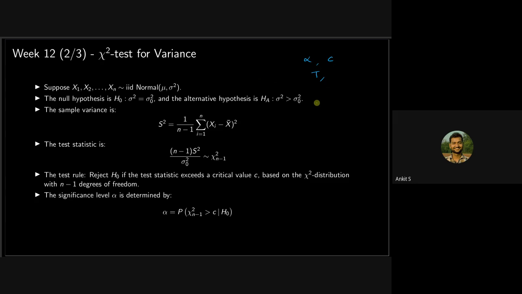Suppose you have the null at some mu equals mu naught, and you have the alternative as mu greater than mu naught. Then when you are doing the test, you will reject the null if t is greater than some value c, because whatever form the alternative is in, you will keep it. But this is one case.